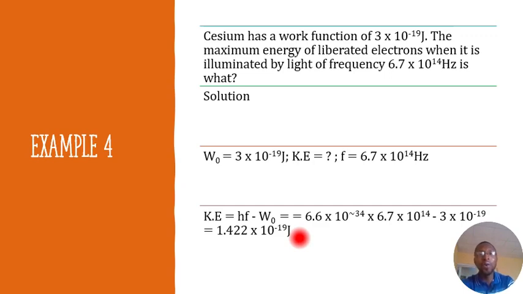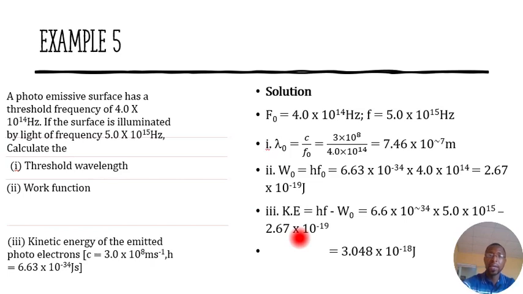Right, so we go straight to the last example for today. And here we go. It says a photoemissive surface has a threshold frequency of 4.0 times 10 to the power 14 Hertz.